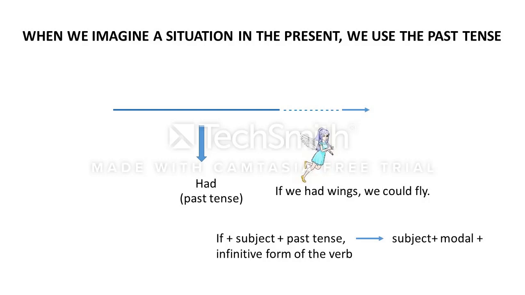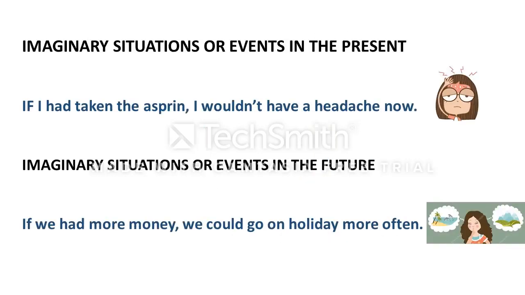And then in the result clause, you have subject, modal, and the infinitive form of the verb. Look at the example you have there. If we had wings, we could fly. Now let us look at imaginary situations or events in the present. I always keep the same structure.